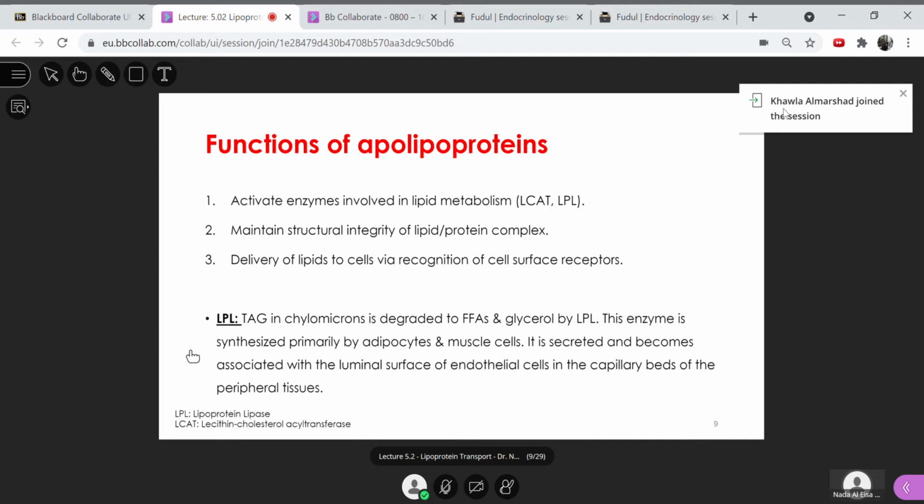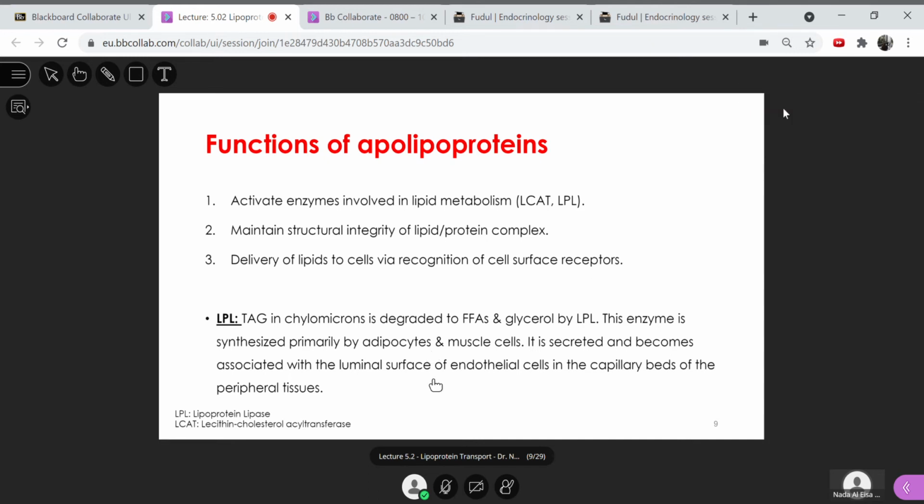So let's talk about the function of lipoprotein lipase. As the name indicates, it hydrolyzes or breaks down the triacylglycerols in the chylomicron particles, and then other lipoproteins. So it's involved in the release and breakdown of triacylglycerols in the lipoprotein particles. Where is it present?